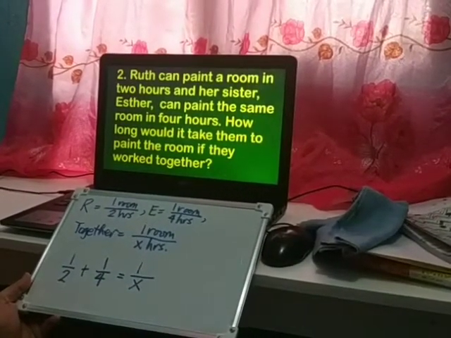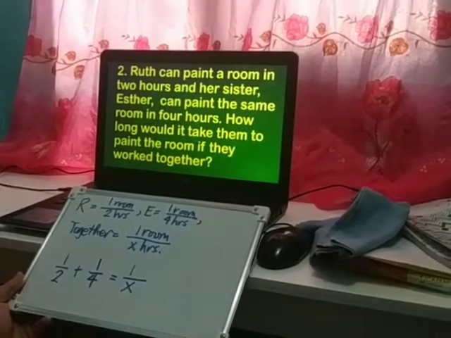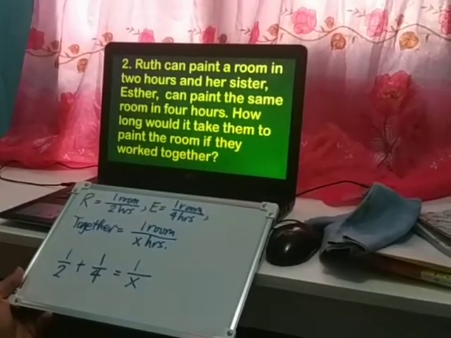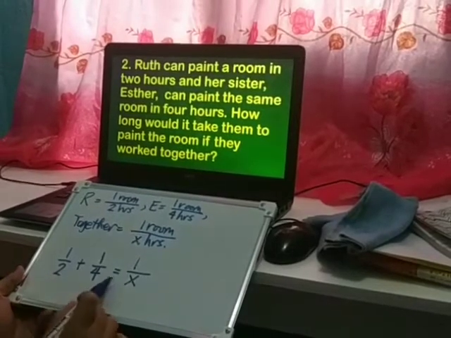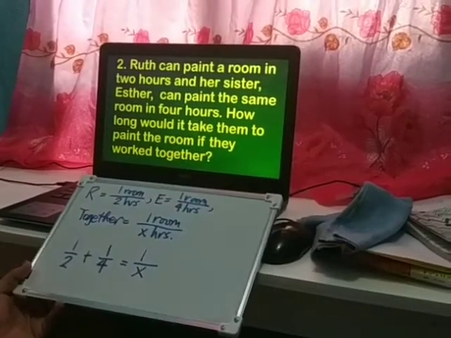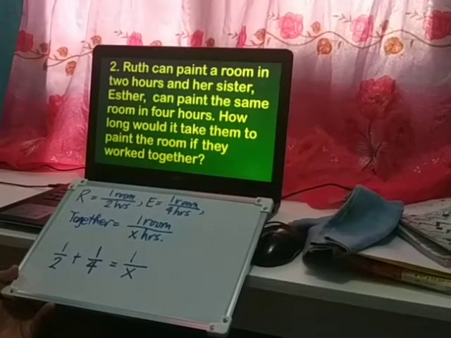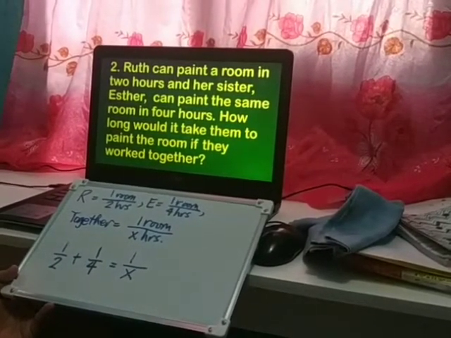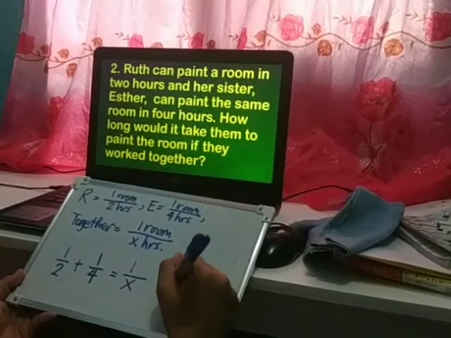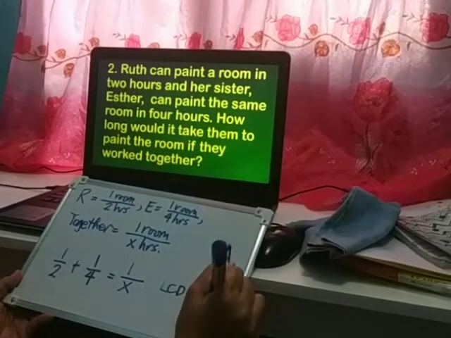By solving this, we will find the LCD, or the least common denominator, because they have different denominators. What is the LCD for 1/2, 1/4, and 1/x? The LCD must be 4x.